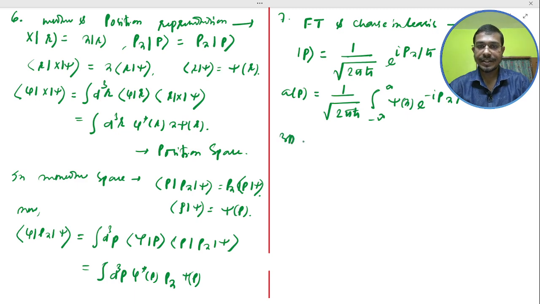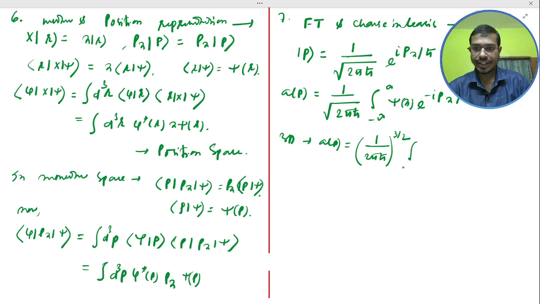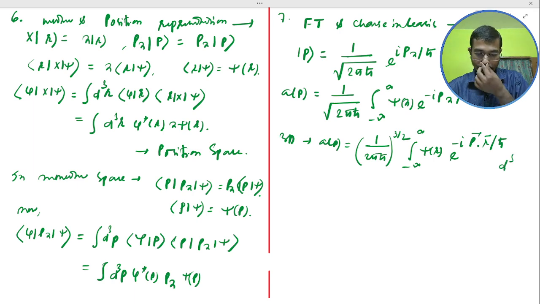And in 3 dimensions it should become 1 by twice pi h cross to the power 3 by 2 integral minus infinity to infinity ψ(r) e to the minus i p dot r by h cross, and dx should be changed into the d³r volume element.